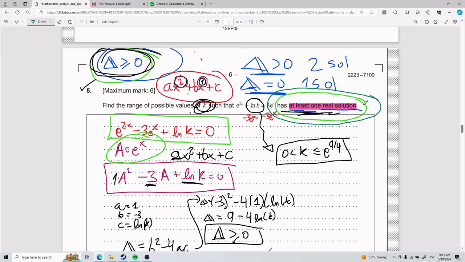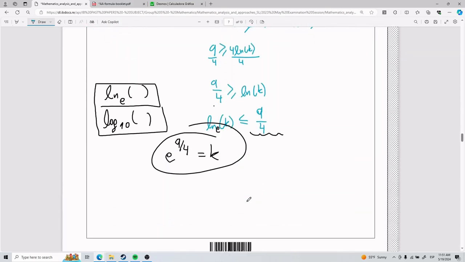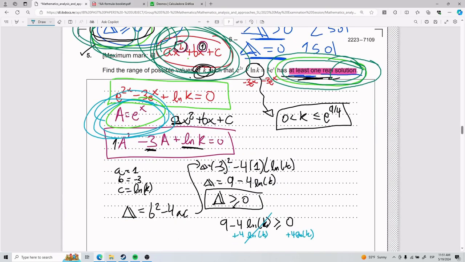So whenever you read at least one real solution, or at least two real solutions, or even no real solutions, whenever it talks about solutions, you're talking about discriminants, you're talking about the quadratic function. Try to find the quadratic function. I know it can be hard to visualize, so substituting can be a very good idea. Ladies and gentlemen, that is number 5, and I hope it helped.